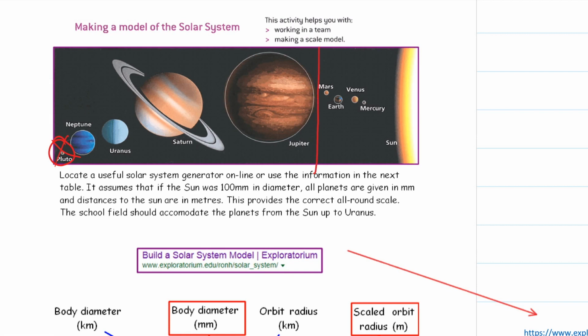We divide the inner 4 planets here, we call them the rocky planets, and in between we've got the asteroid belt, and these are our large gaseous planets, the other side of the asteroid belt. The asteroid belt, remember, is a collection of large rocks.